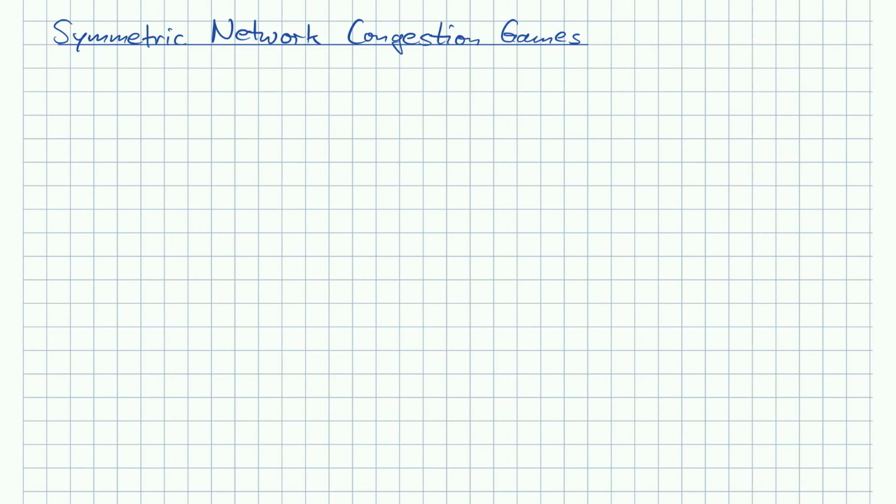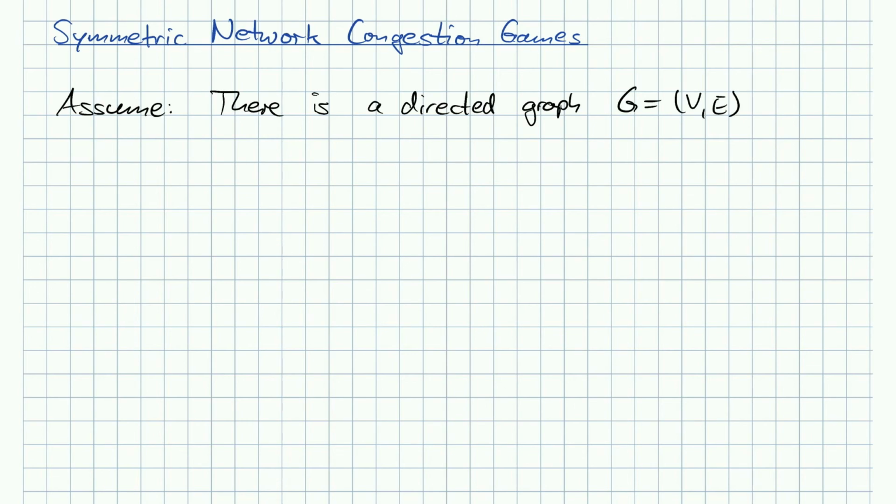We assume that there is a directed graph, a source and a sink node, and the set of resources is equal to the set of directed edges, and Sigma_i is exactly all s-t paths.